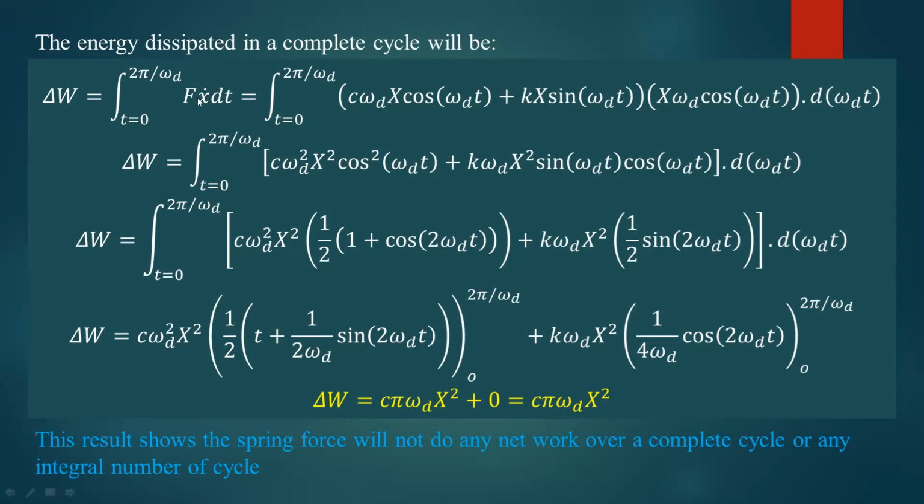During that time, you can introduce the F values here, and we can introduce the x dot value. The x dot value is X omega_d cos omega_d t, and F is C omega_d X cos omega_d t plus K X sine omega_d t. This omega_d is the damped natural frequency.